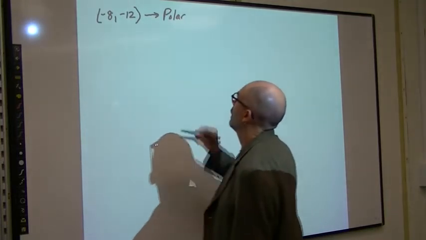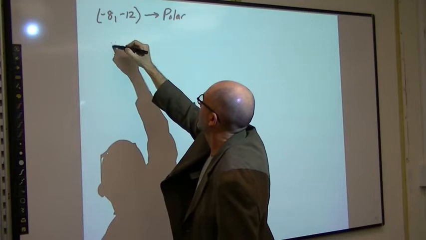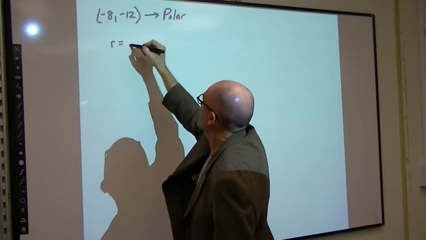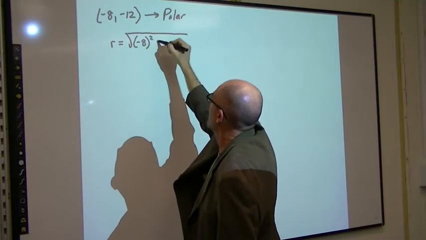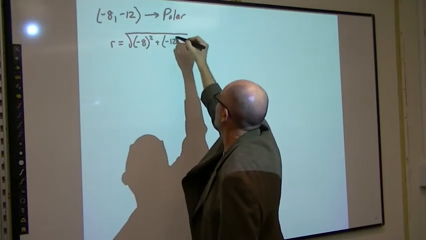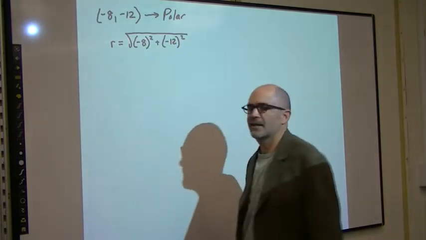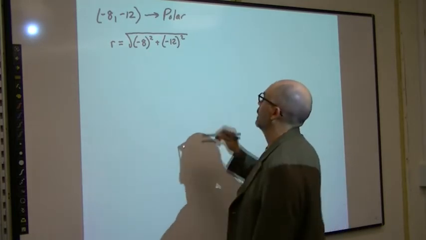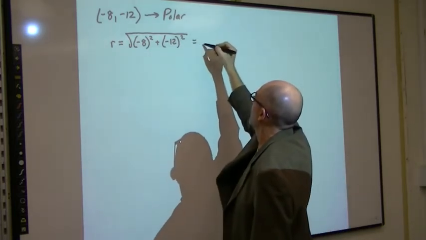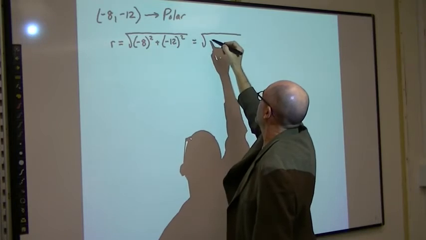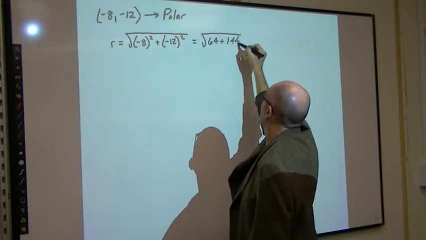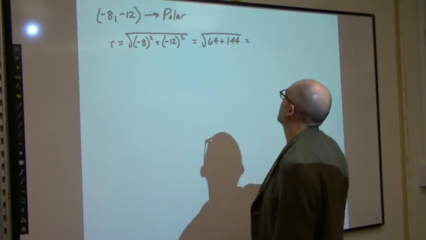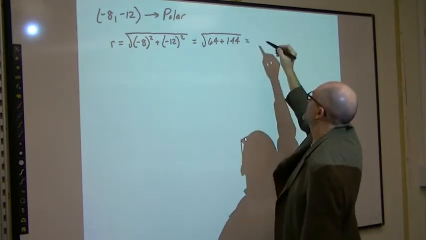So r equals the square root of negative 8 squared plus negative 12 squared. So clearly the negatives don't matter. So this is going to equal the square root of 64 plus 144, which equals the square root of 208.